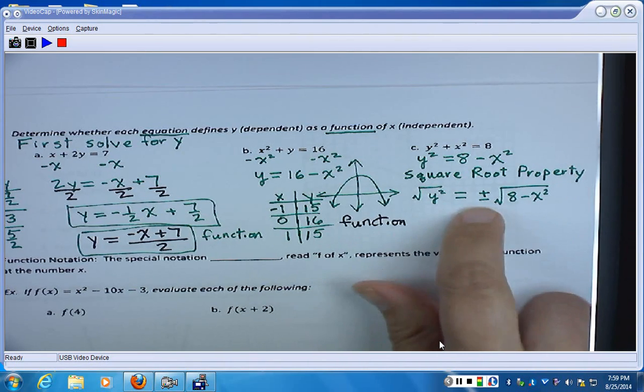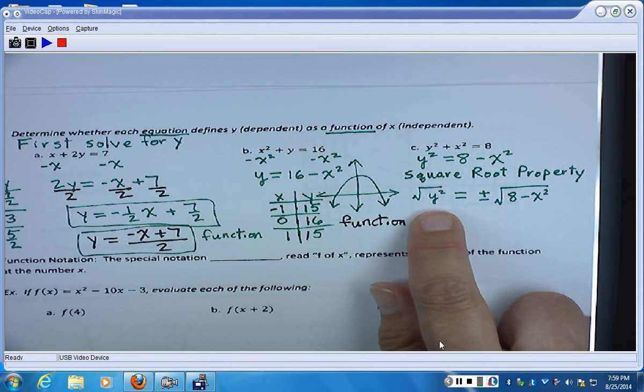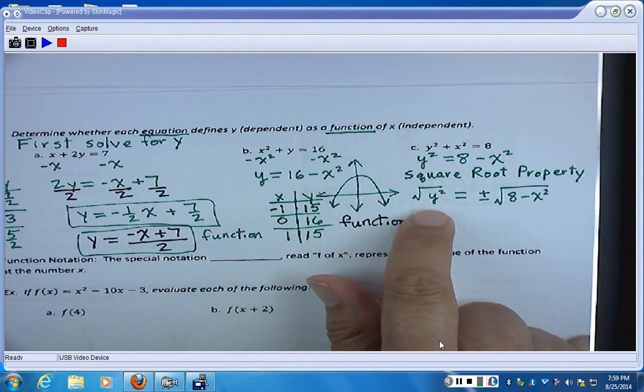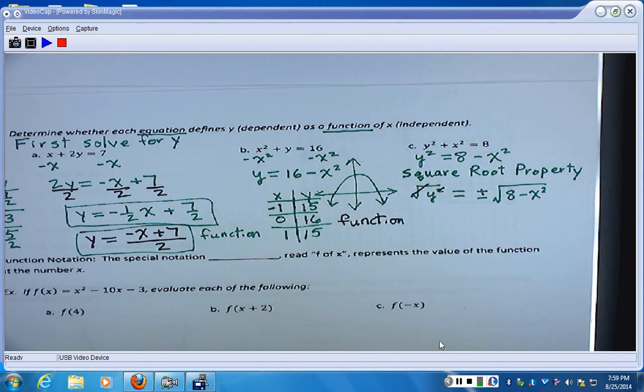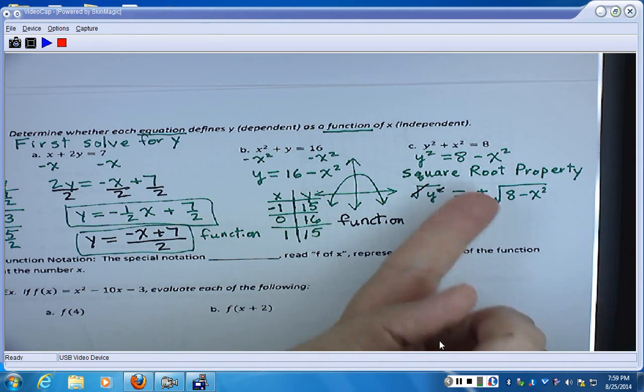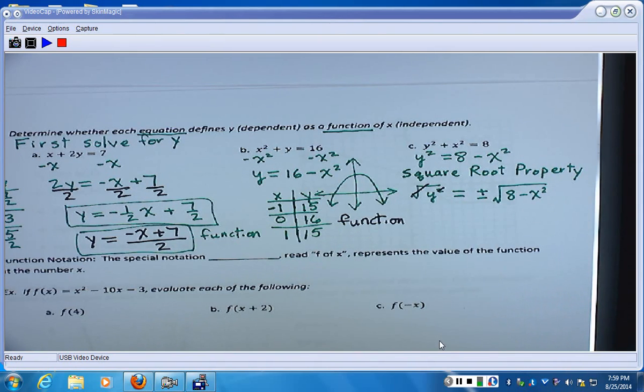You have a plus or minus here. So when you take the square root of that, you get y, because the squared and the square root cancel each other out. But we need both the positive and the negative here.